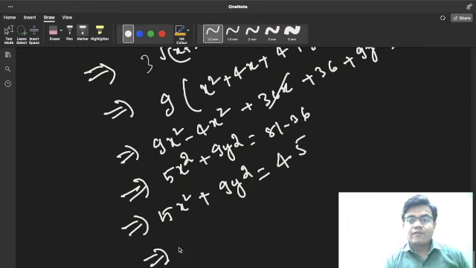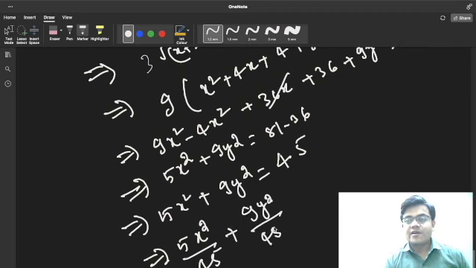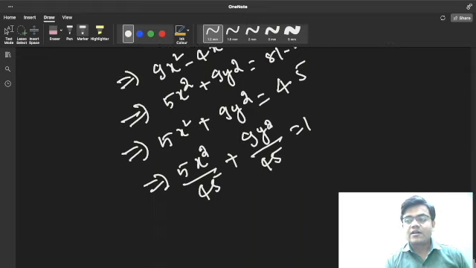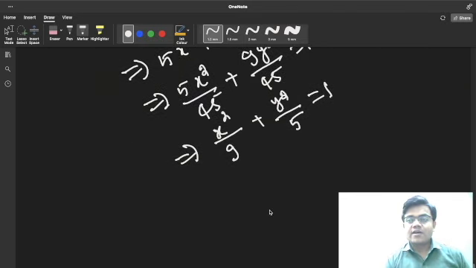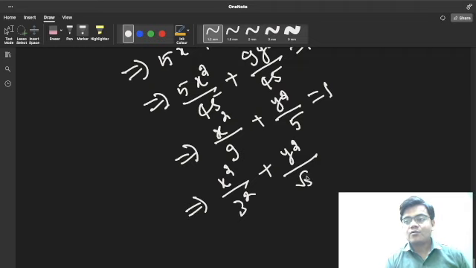Now 5x square divided by 45 plus 9y square divided by 45 equals 1. So it will become x square by 9 plus y square by 5 equals 1. So finally we can see this is x square by 3 whole square plus y square by root 5 whole square equals 1.